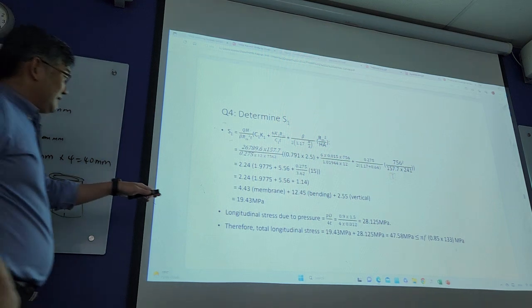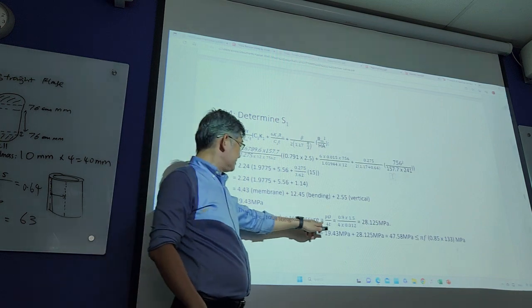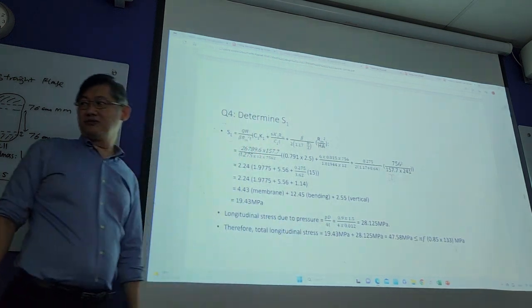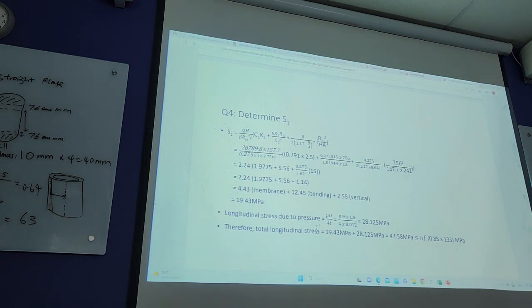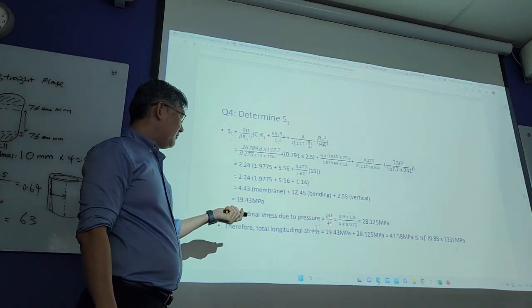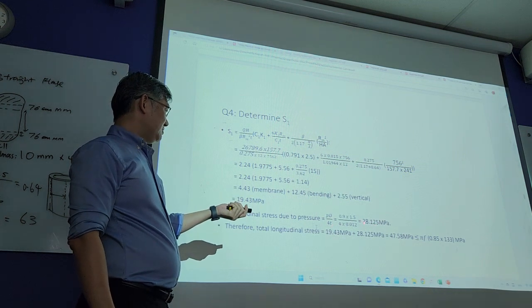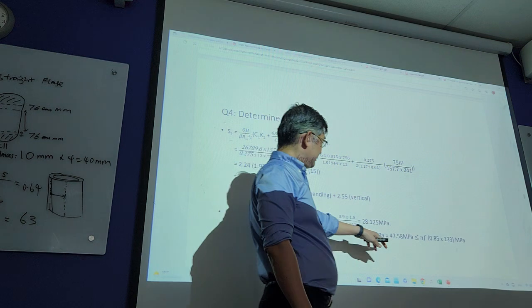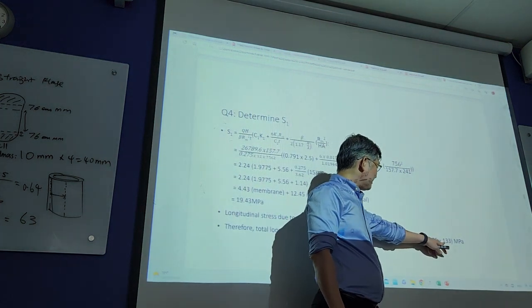And finally, you must make sure that your S1 plus PD over 40, which is similar to PR over 2T, they are the same, one using diameter, one using radius, added together must be lower than your weld efficiency times your tensile strength of your material.